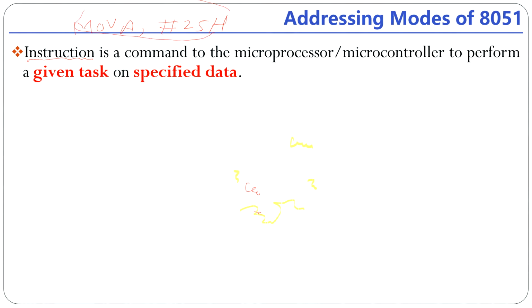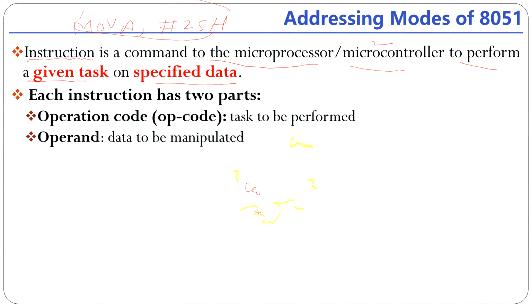What is the instruction? Instruction is a command to the microprocessor or microcontroller to perform a given task on a specified data.